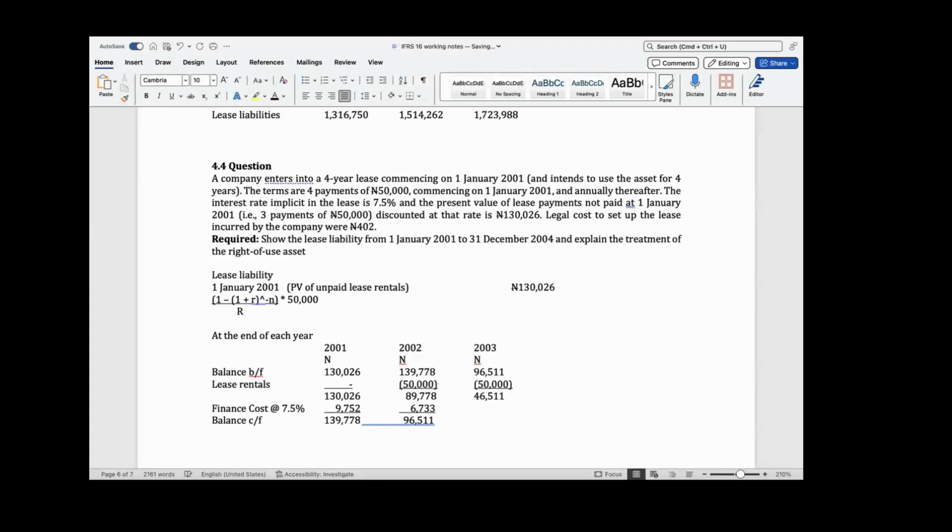So what's the interest? 1.5% of 46,511. 3,488. So what do we have as the balance? 49,999.